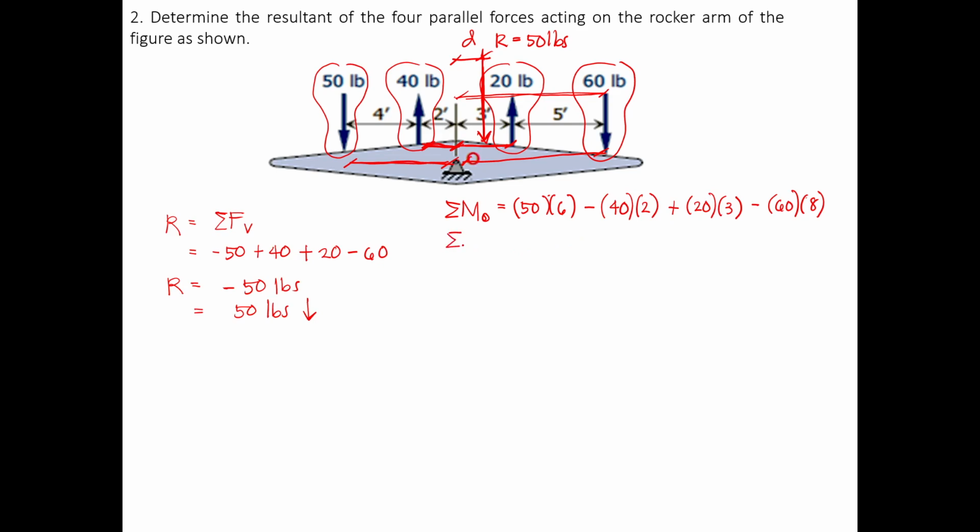Okay, so the moment about point O is equal to 200 pound per foot. So 200 pounds per foot.